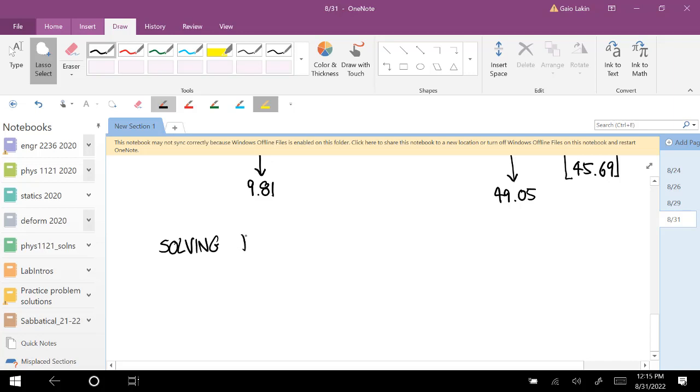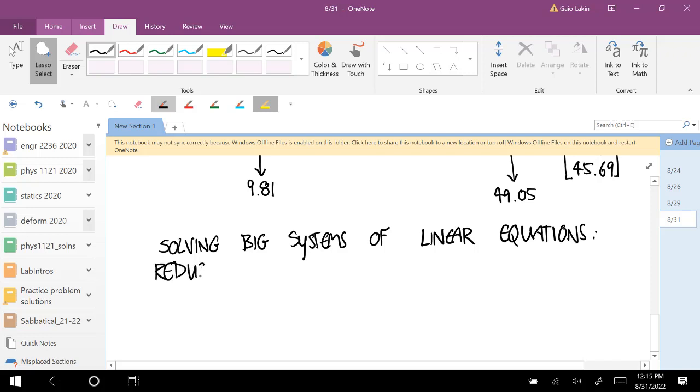So solving big systems of linear equations. Reduced row echelon form.